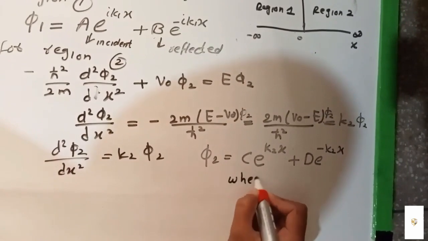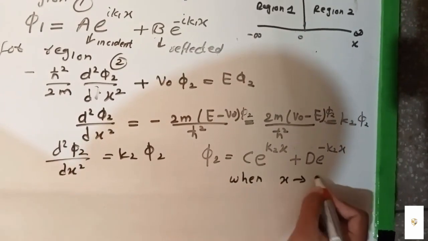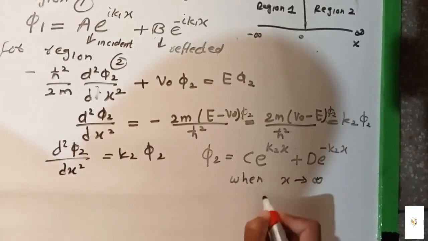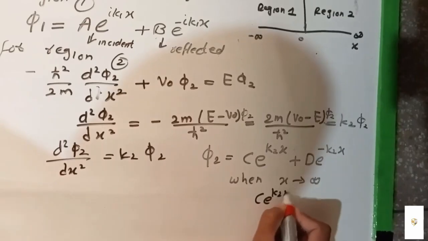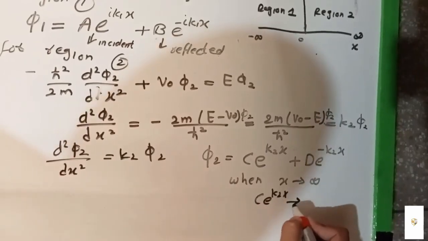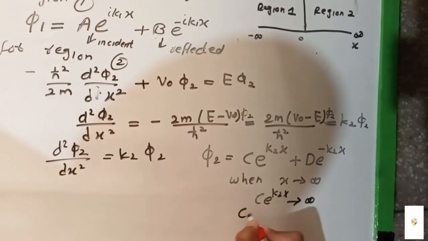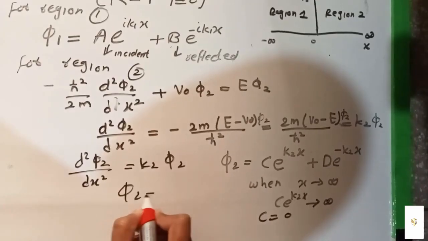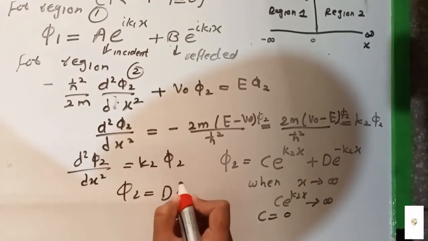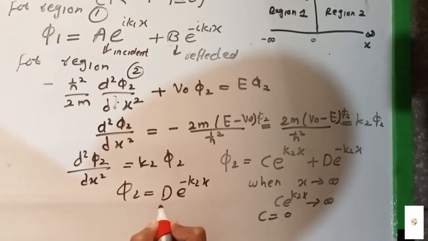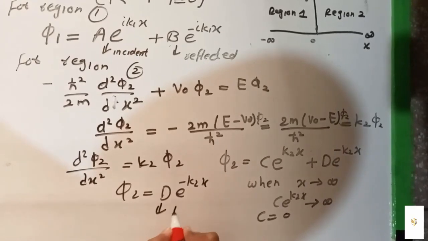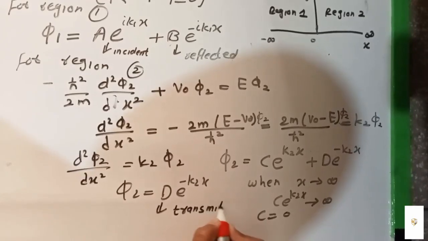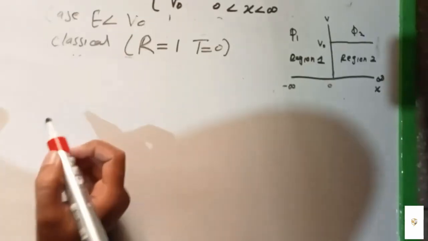When x approaches infinity, exponent k2 x also approaches infinity, so we take C equal to 0. So phi 2 is equal to D exponent minus k2 x, and this term is the transmitted wave.